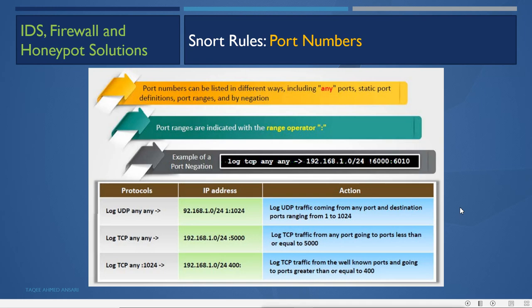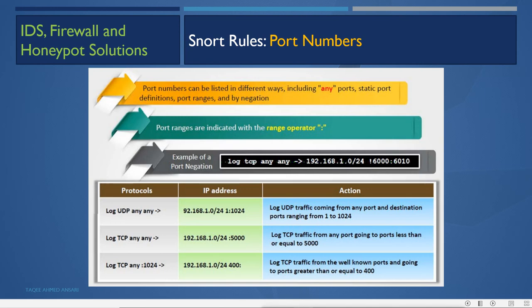Then port numbers in Snort rules. Port numbers can be listed in different ways: including any ports, static port definition, port ranges, and by negation. Port ranges are indicated with the range operator. The range operator is this colon. If we want to indicate a single port, then we can mention the single port.